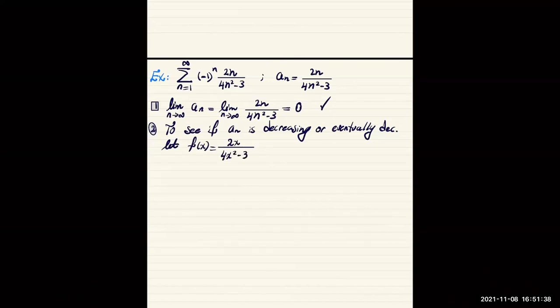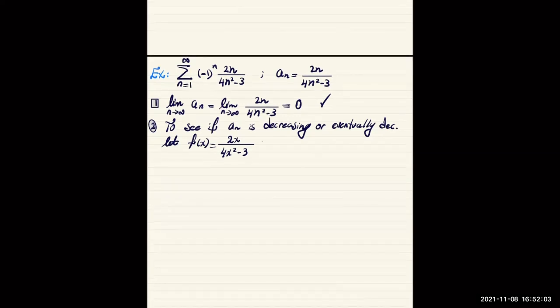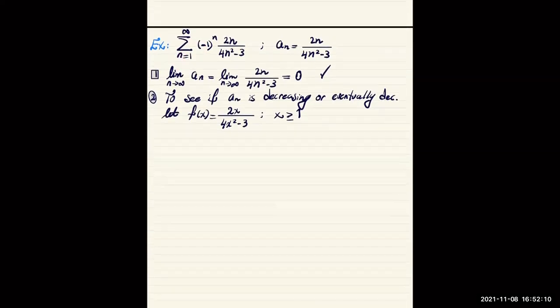Well, we are used to taking the derivative of a function whose variable is x. You can keep n if you want. It's totally fine. You can call it f of n and take the derivative with respect to n, or call it f of x and take the derivative with respect to x. That's just a dummy variable. Nobody cares. And here x is greater than or equal to 1, because n starts at 1.